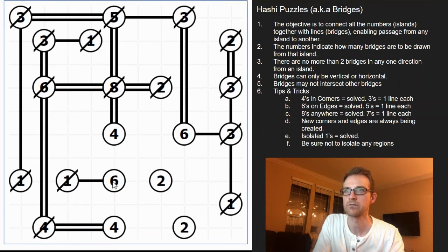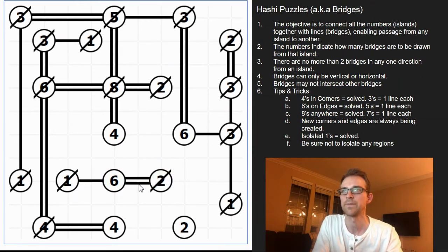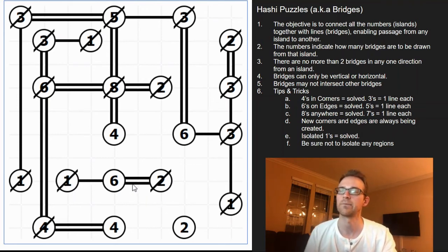This 6 now, let's think about this. So this 2, this is the interesting one. This 2, if we go to the right or go up, go down, it can't go anywhere other than left. So it's got to go to the left. That solves that 2. So we have 3 lines coming out of the 6. We need 3 more.